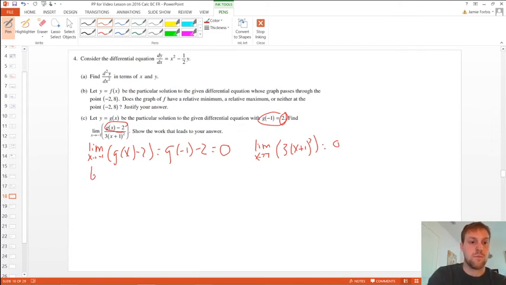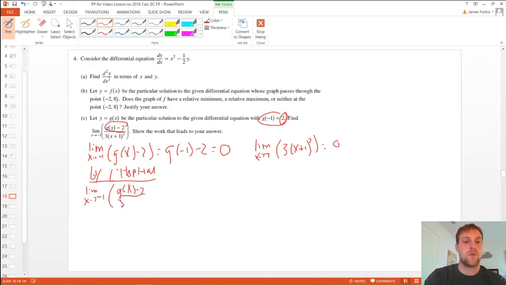So I'm going to say by L'Hopital's, the limit as x approaches -1 of (g of x minus 2) over (3x plus 1) squared equals... So that's the long part, is the fact that you're supposed to write the previous limit and say by L'Hopital's that limit is actually equal to, and then you take the derivative of the top and the bottom.